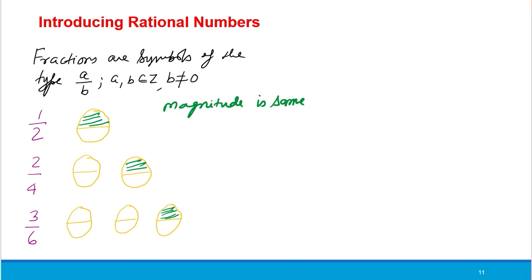So what does a number represent? It represents magnitude, and therefore we have the concept of numbers in place if we are thinking of the fractions as having one magnitude.